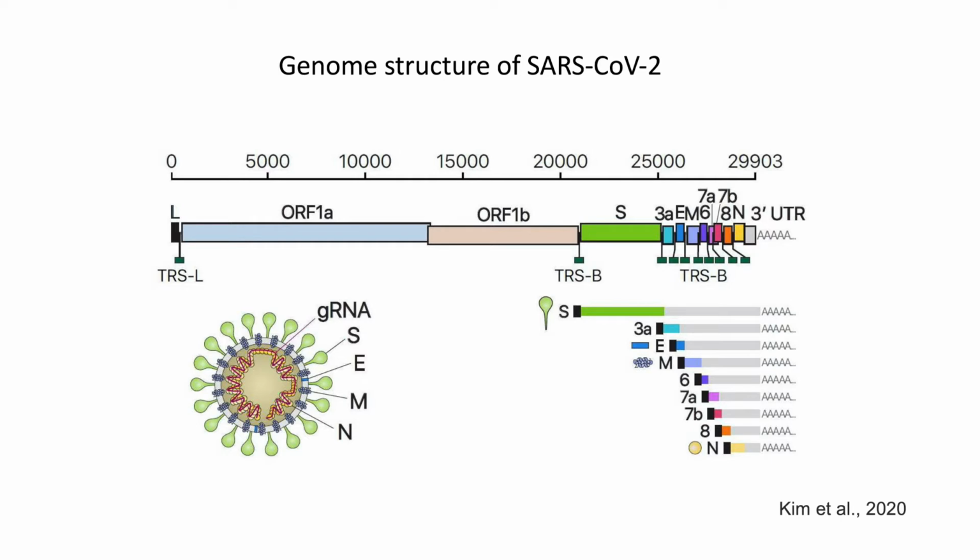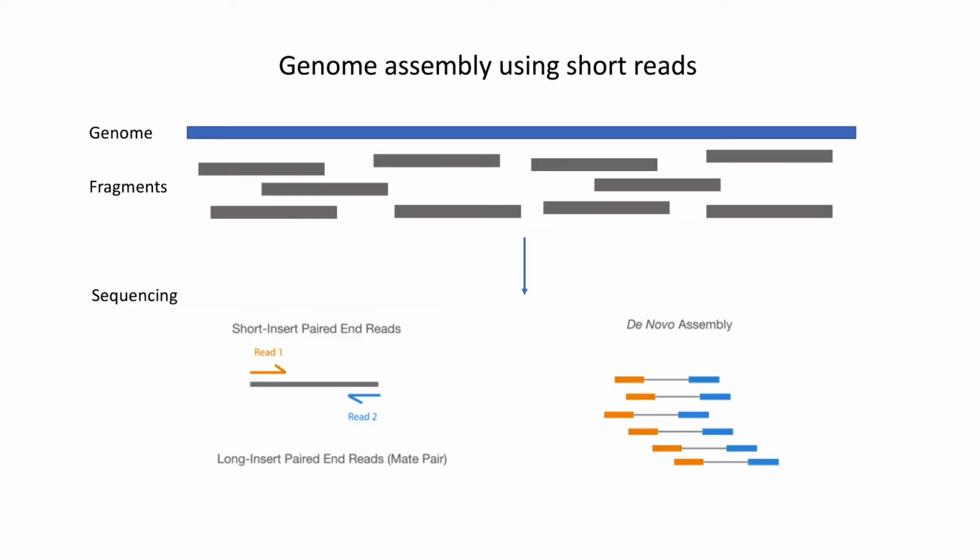There are different sequencing technologies and different software that can be used to analyze those sequencing data. Today we will focus on the short-read sequencing technology. Using this technology, the entire genome of SARS-CoV-2 is chopped into smaller fragments.